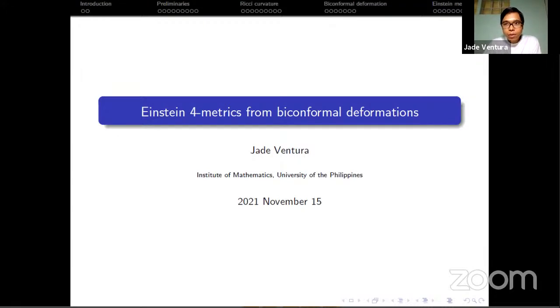So here, when we mention Einstein metric, we mean Riemannian Einstein metric and Riemannian Einstein manifold, and we are working in dimension 4. This afternoon, I'm going to introduce to you the process of biconformal deformation and how it can be used to discover new Einstein metrics.